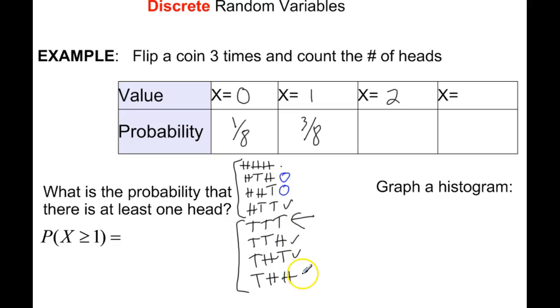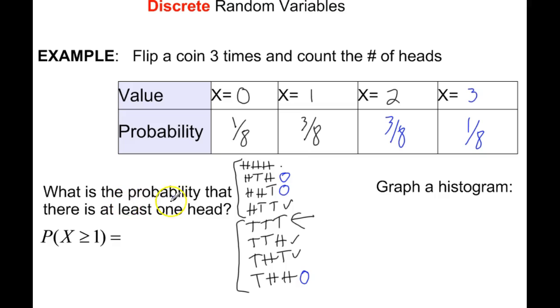So we have 3 out of 8. And 3 heads is only one of them, that guy, so 1 out of 8. And that should add up: 1 plus 3 is 4, plus 3 is 7, plus 1 is 8. 8 out of 8 should add up to 100%, so we're good.